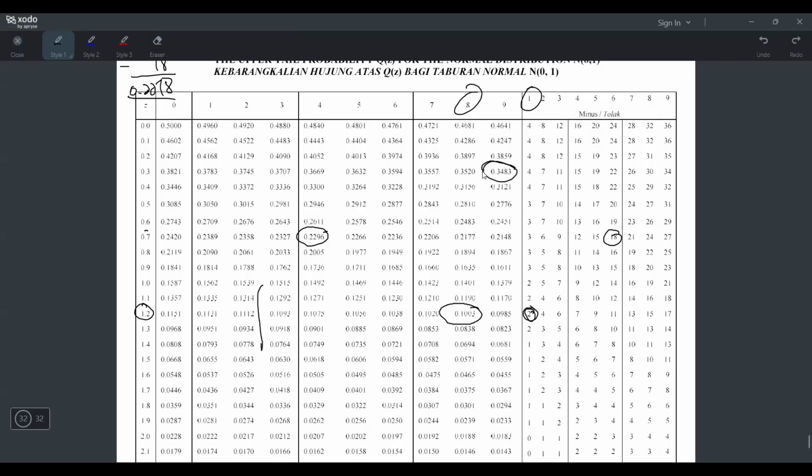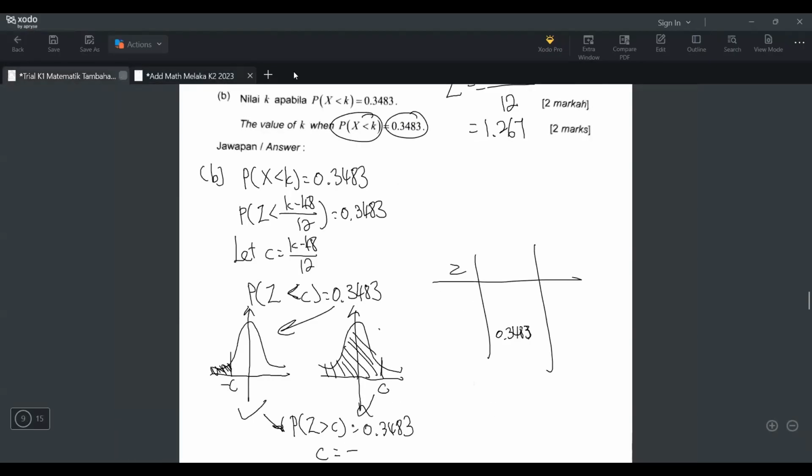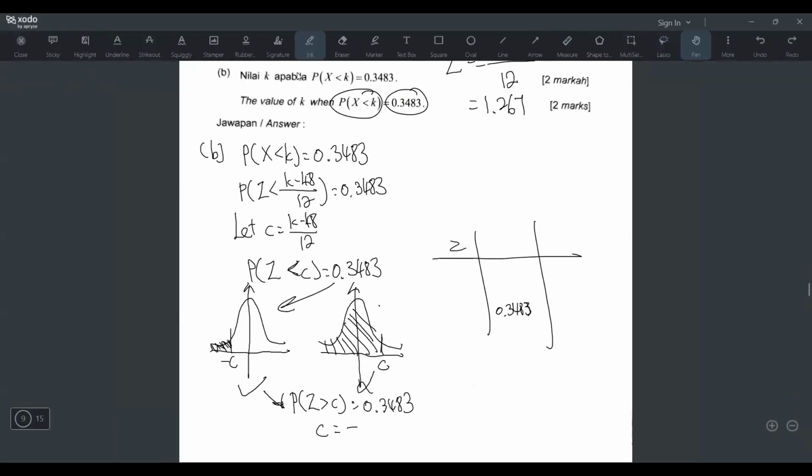So the answer will be on the outside, which is 0.39. You don't have to look at this column. This column you only look at when you have to subtract, but since it's already exactly 3483, you don't have to minus anything. So the answer will have two decimal places only. 0.39 is your answer. But negative, I keep on reminding, negative 0.39.